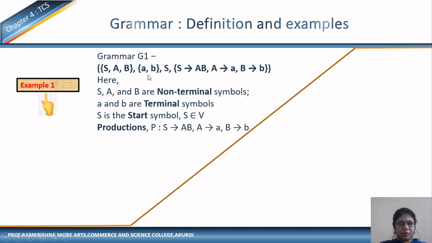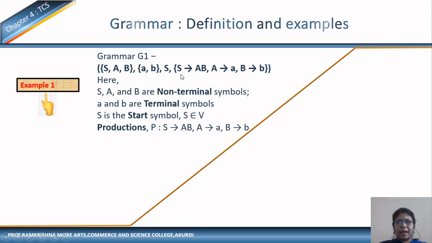From the definition we know that all the small letters belong to terminal symbols, so a and b is a set of terminal symbols. S is the starting symbol. S is a capital letter, it belongs to set V, so it is also following our definition. And the last curly bracket contains three production rules of the form alpha gives beta: S gives AB, A gives a, and B gives b.